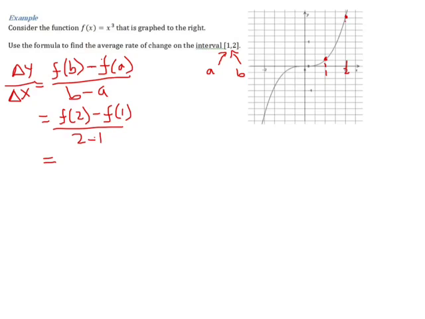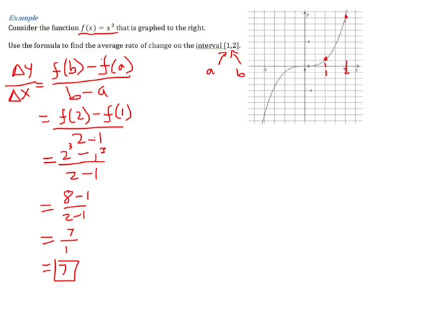Since our function is f of x equals x cubed, we have 2 cubed minus 1 cubed all over 2 minus 1. That gives us 8 minus 1 all over 2 minus 1, which is 7 over 1, or 7. And there's our rate of change. Delta y over delta x is 7.